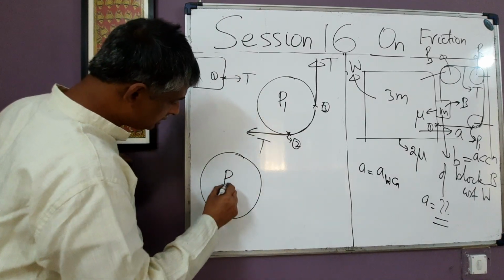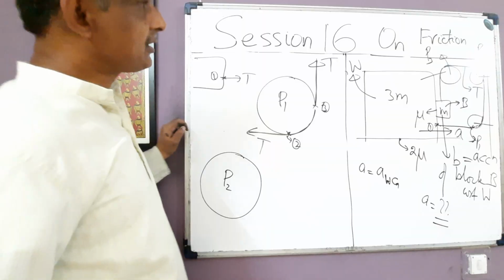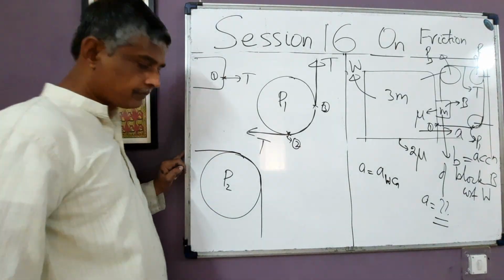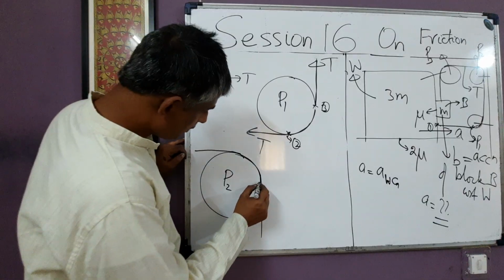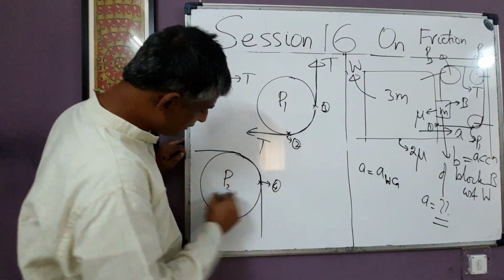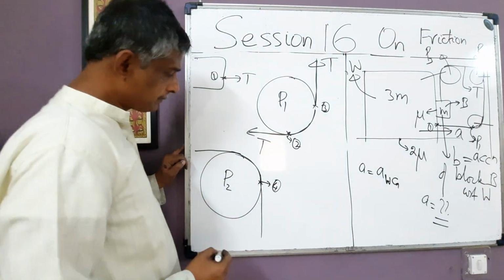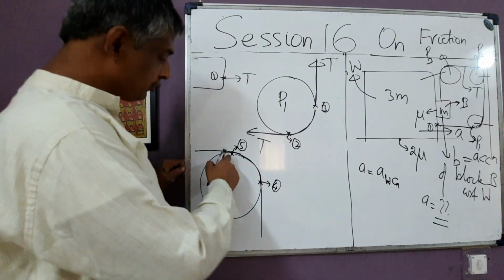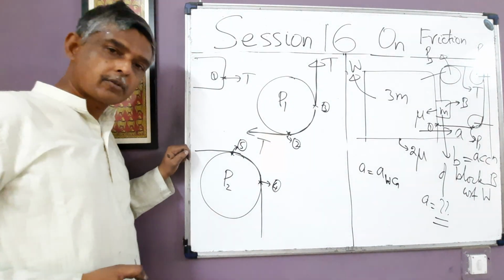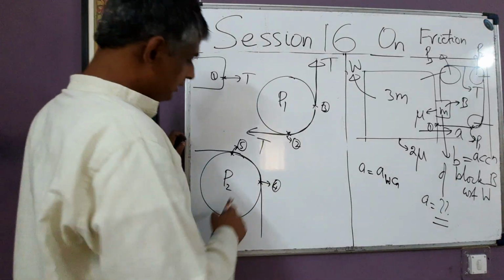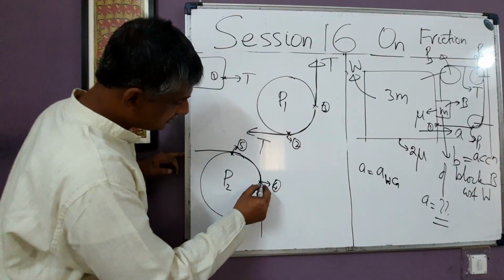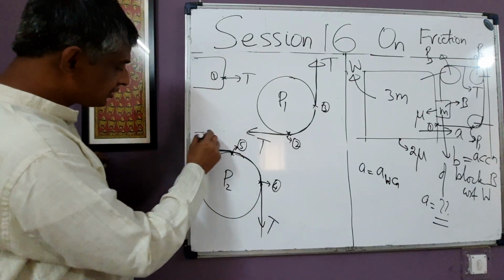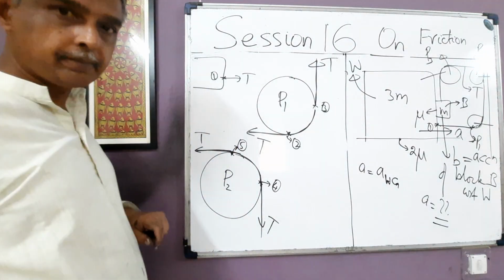Now 4 is the rightmost material point of pulley P2 which is in contact with the string, and 5 is the highest material point of pulley P2 which is in contact with the string. At point 4, the string exerts a force T in the downward direction, and at point 5, the string exerts a force T in the leftward direction.